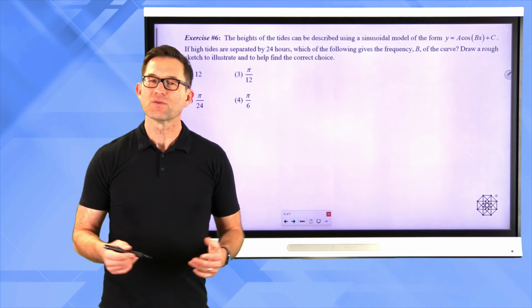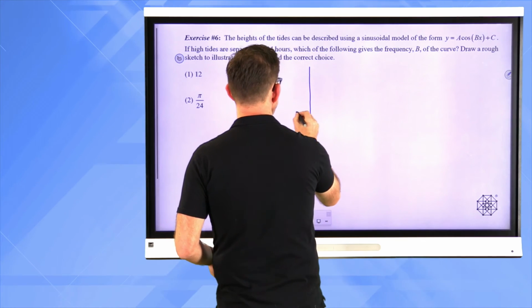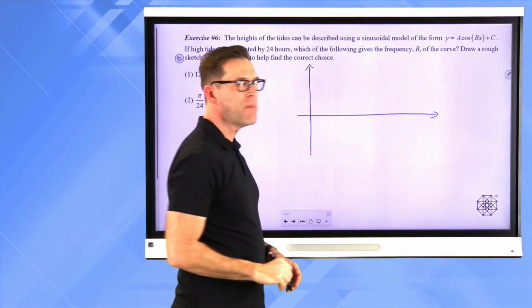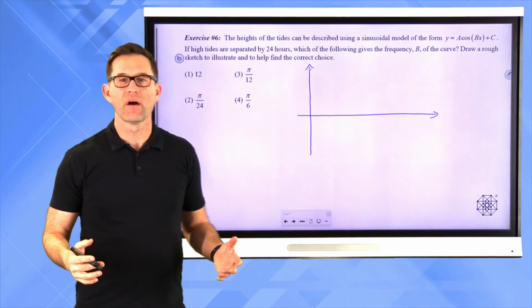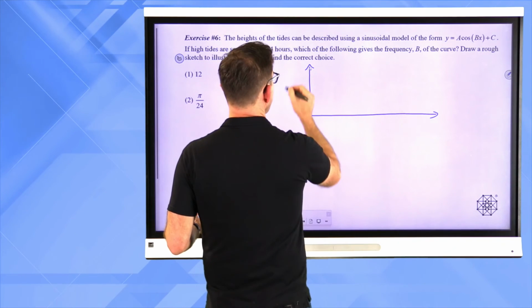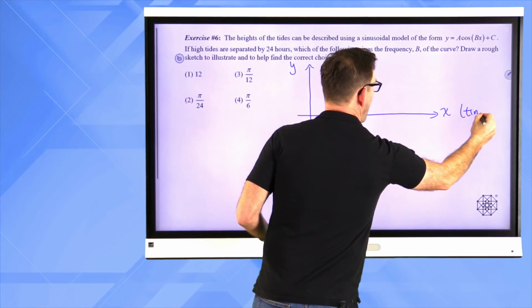All right, so let's talk about this a little bit, right? Tides are a wonderful example of a wave phenomenon, all right? So maybe we're tracking the tides, the height of the tides, and this is x, but it's time.